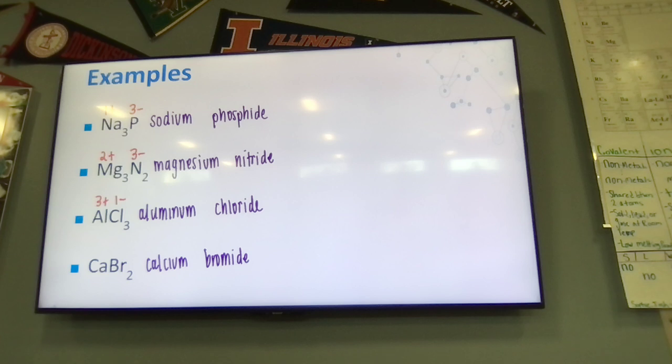So they're 1 minus. So we put 1 little chlorine in, but how many more do we need to make it into the rectangle? 2. So we need 3 total. So they always combine so that the positives and the negatives are the same. In our last example, calcium's a positive 2.